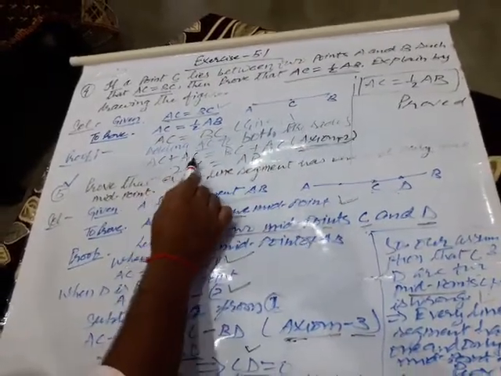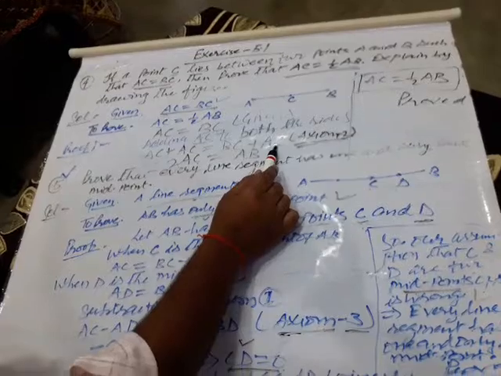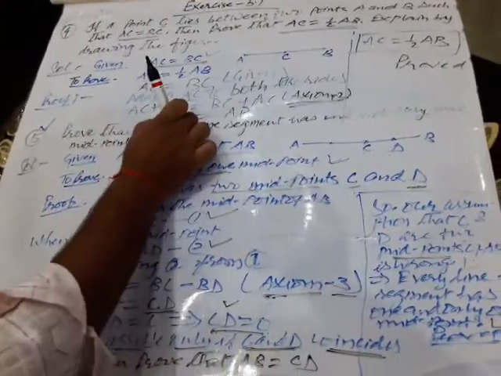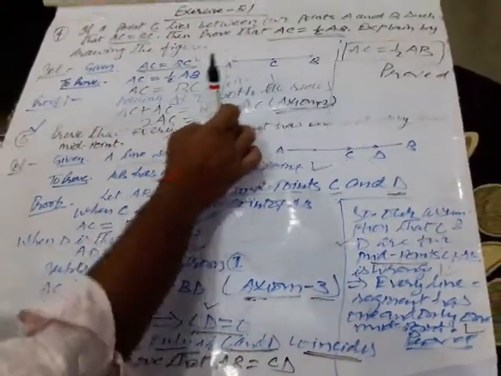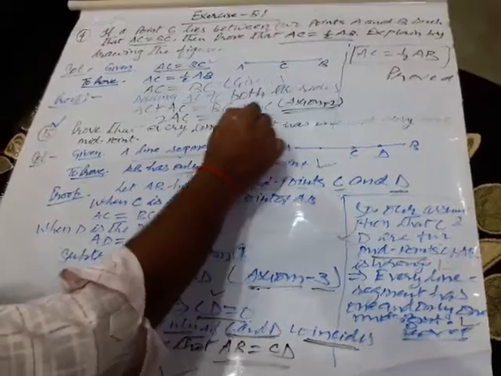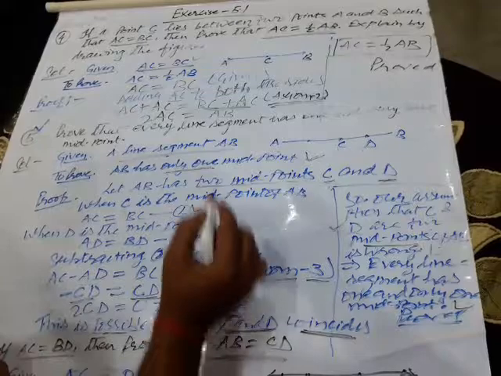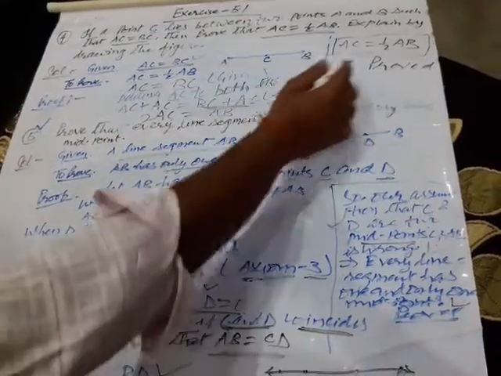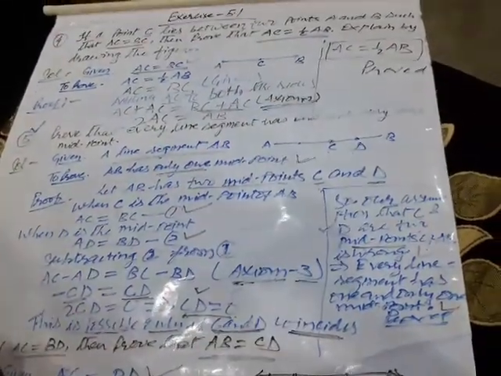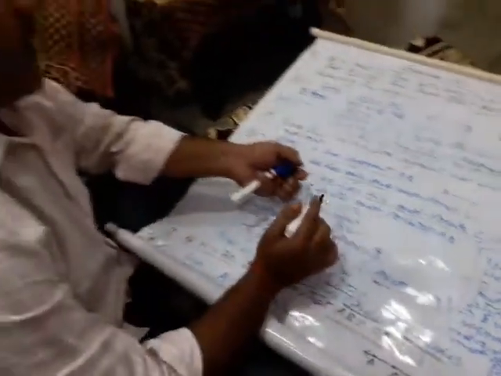Then AC plus AC equals 2AC, and BC plus AC equals AB. What is this? This is axiom 2 of Euclid, clear? And this is 2AC equals AB, and AC equals half of AB. I think this exercise 5.1 is over.